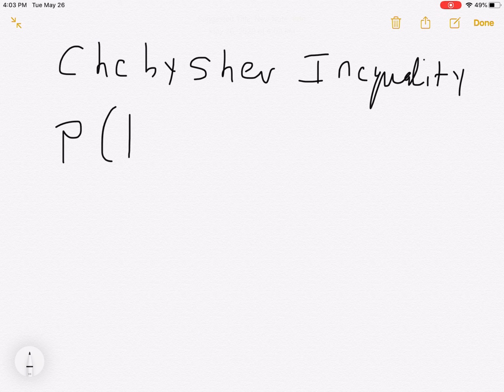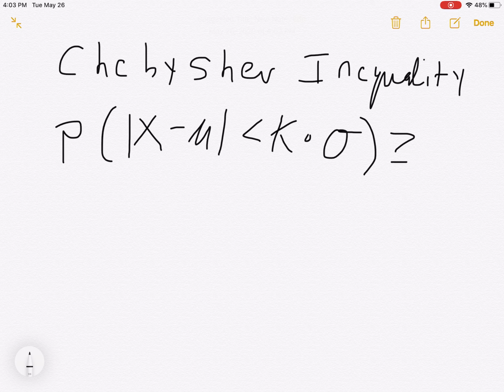For example, |x minus mu| less than k times sigma has probability that is at least 1 minus 1 over k squared. Okay, and let's just do a quick example.